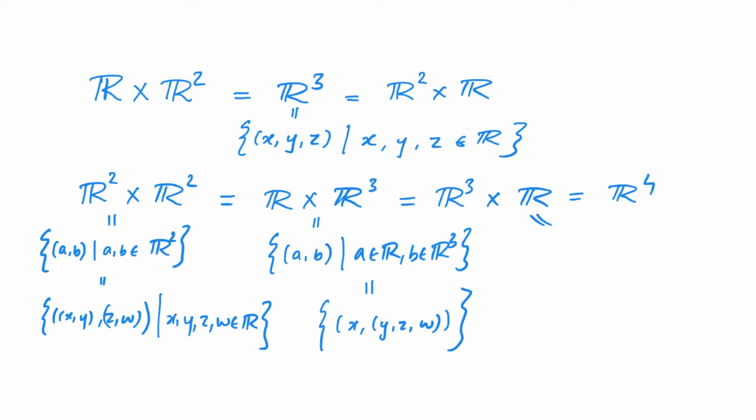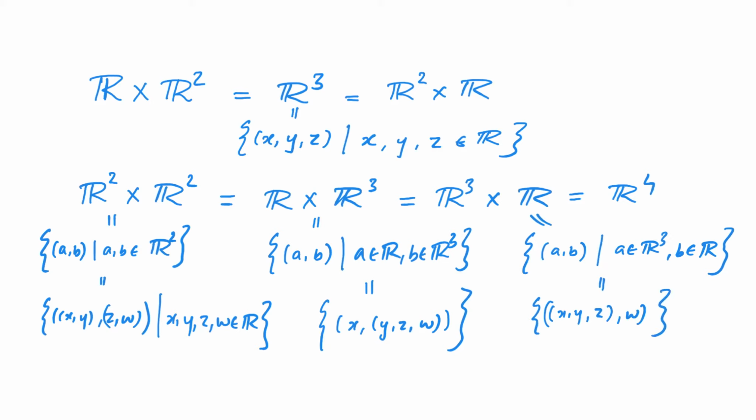And finally, R3 cross R contains all pairs (A, B) such that A belongs to R3 and B belongs to R. And that can be denoted as ((x, y, z), w).